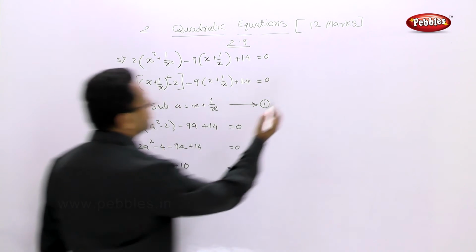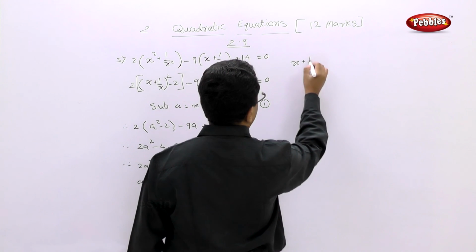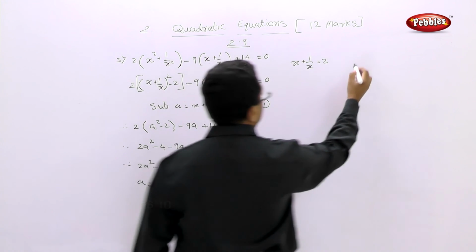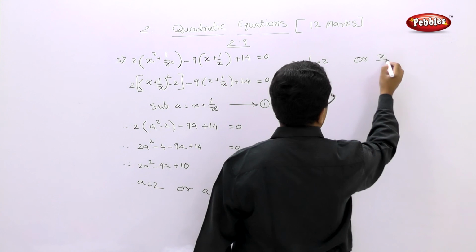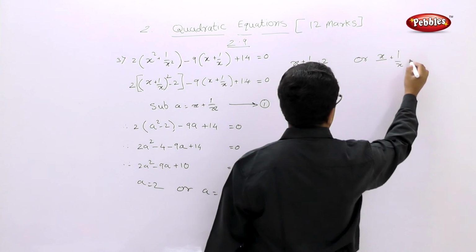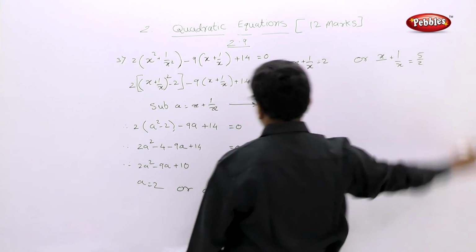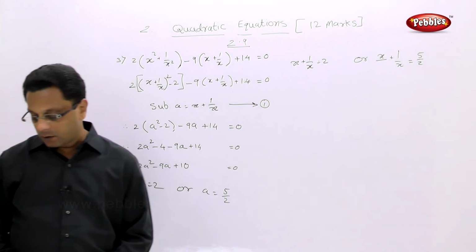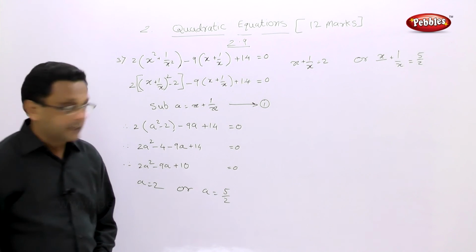So we get x plus 1 upon x equal to 2 or x plus 1 upon x equal to 5 by 2. Now you should solve that and you will get the ultimate value of x.